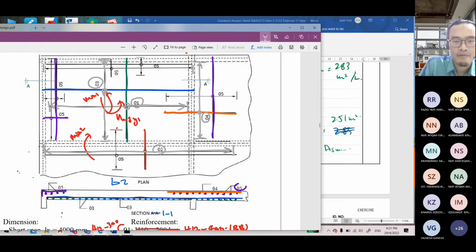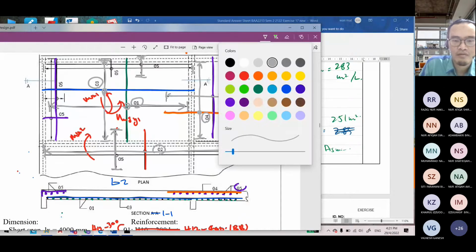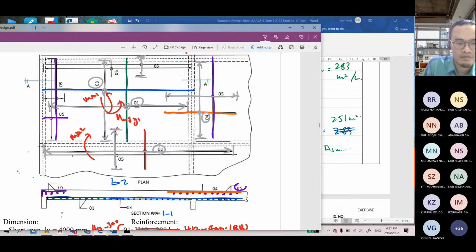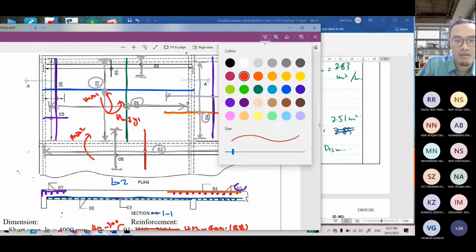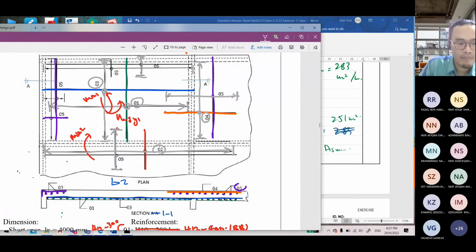Secondary bar, and then this is also secondary bar, near the support. Here also secondary bar, or we call it a transverse reinforcement. So this one is also 0.5. Oh, sorry, different color. Okay, fine.